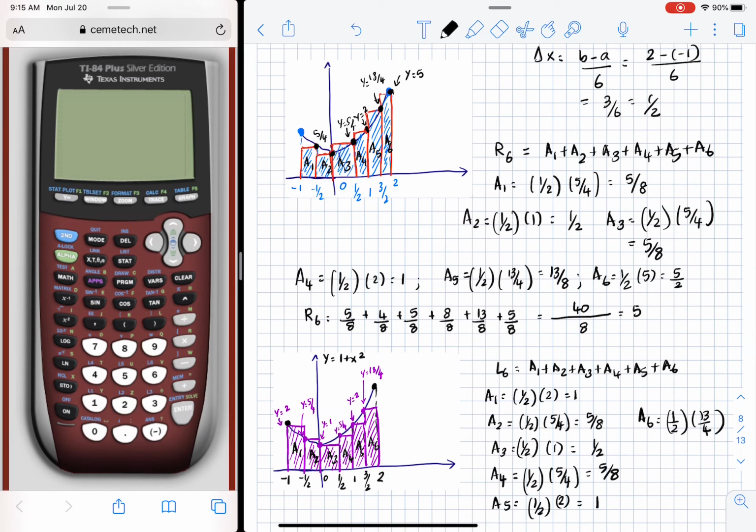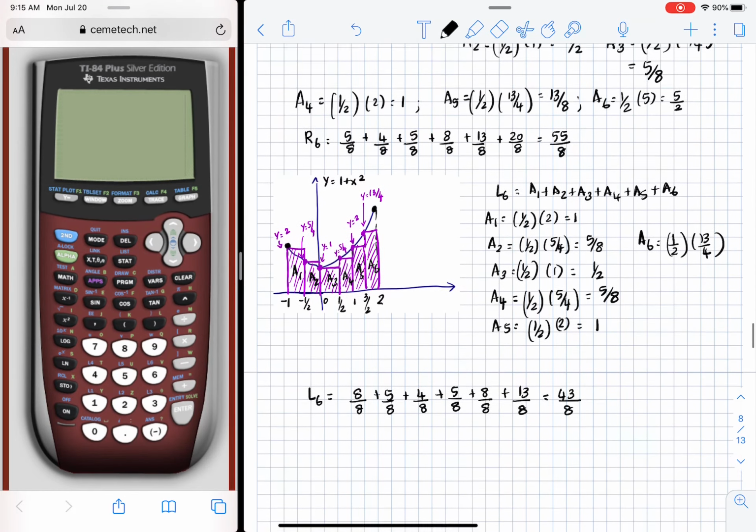Let's see. A1 is 5 over 8, A2 is 1/2, 4 over 8, A3 is 5 over 8, A4, 8 over 8, 13 over 8. 5 times 4 over 2 times 4. It's not simply 5 over 8, rather it is 20 over 8. So the answer is 55 over 8. Now everything looks okay.